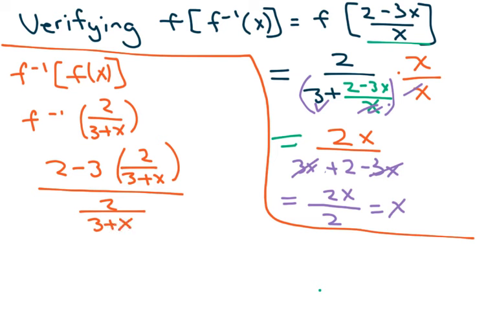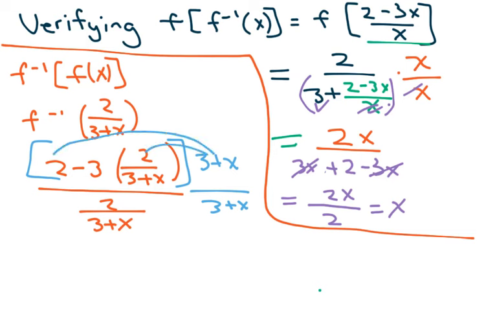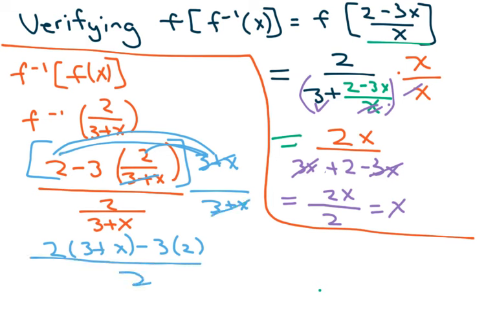Now we're going to do the little trick again. We're going to multiply this whole thing by 3 plus x, and also the denominator by 3 plus x. When you multiply this, you're going to multiply this and this, so you're going to get 2 times 3 plus x minus 3 times 2, because in this case these two will cancel, but make sure you multiply it here over 2, because this will cancel here.